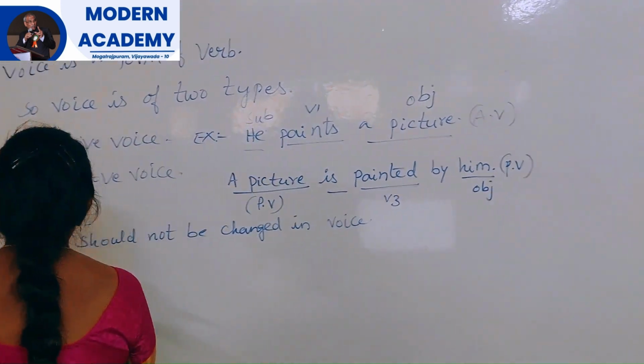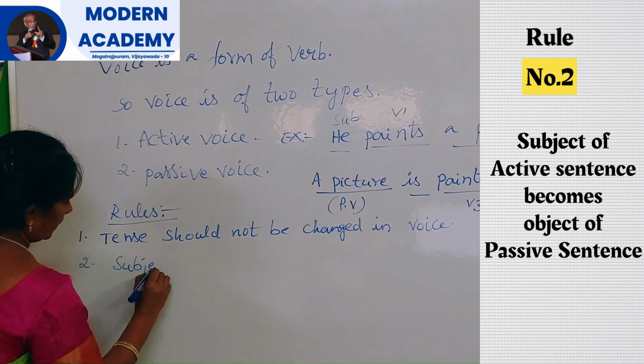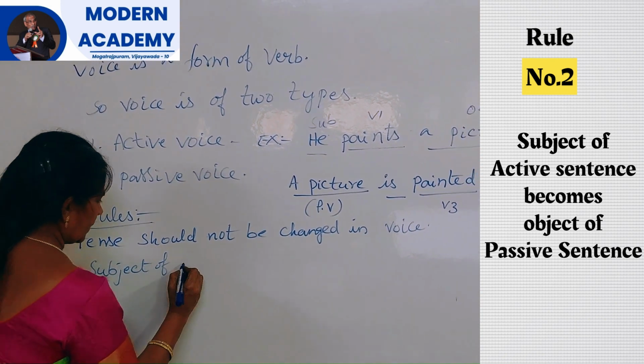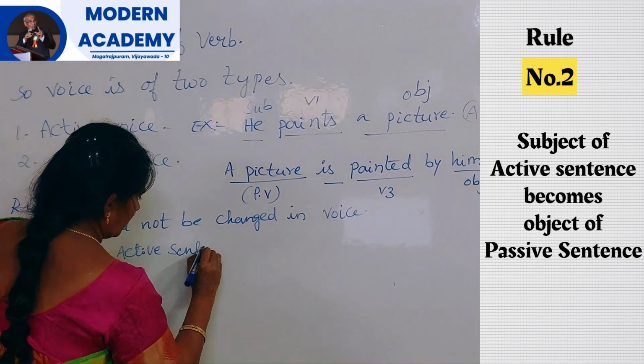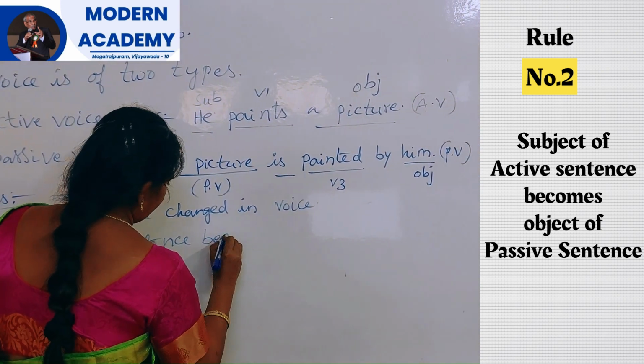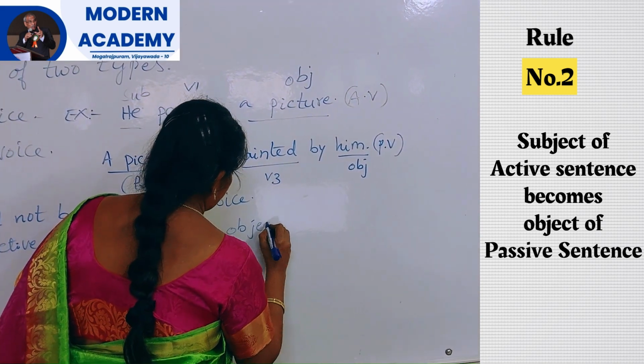Rule number 2: subject of the active sentence becomes object of the passive sentence.